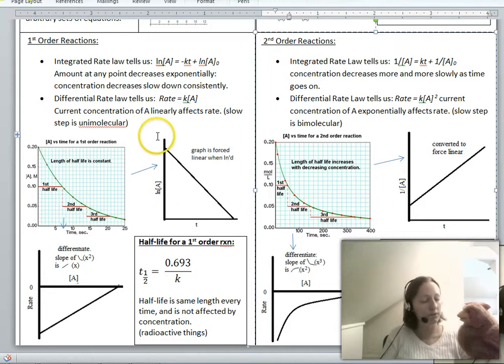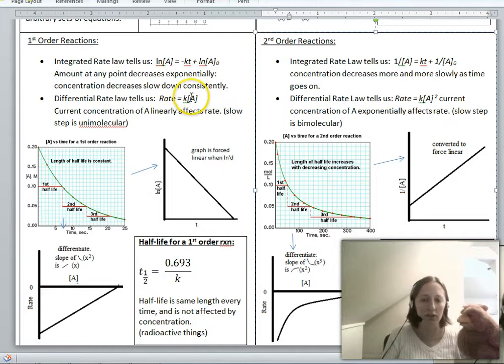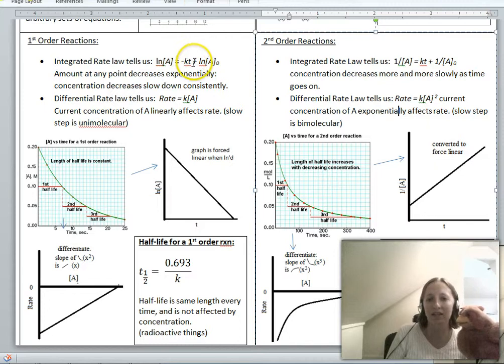For the first order reaction, you've got some slow step that involves the reactant that you're concerned about, a unimolecular step to the first power, and the integrated rate law for that kind of reaction is ln of A is negative kt plus ln of A at time 0. And so what they're saying is, how much do you have at a certain time is related to how much you started with and the rate at which it goes and how long it's been, which is totally sensible, which is very nice.